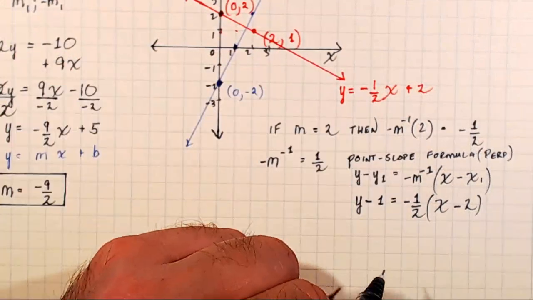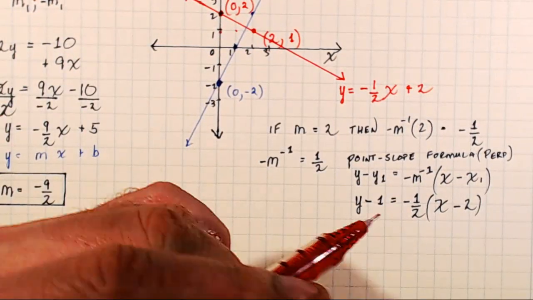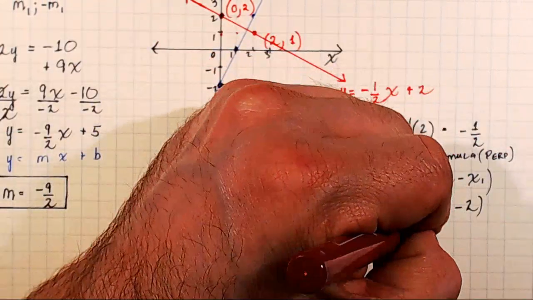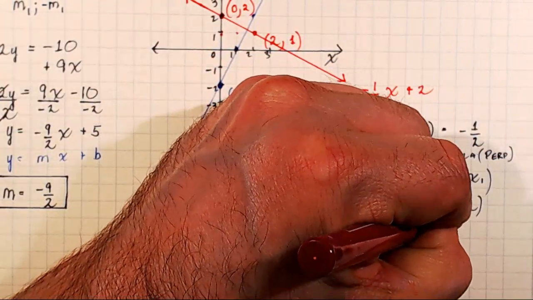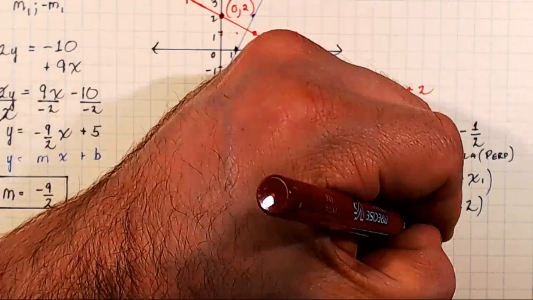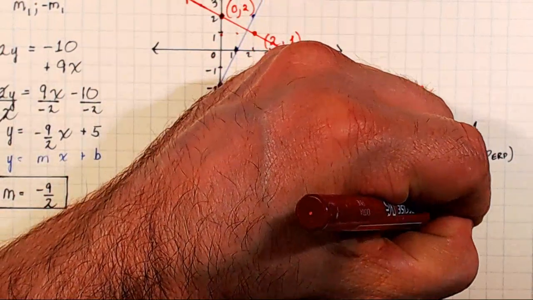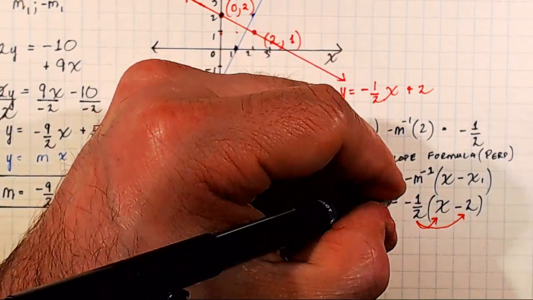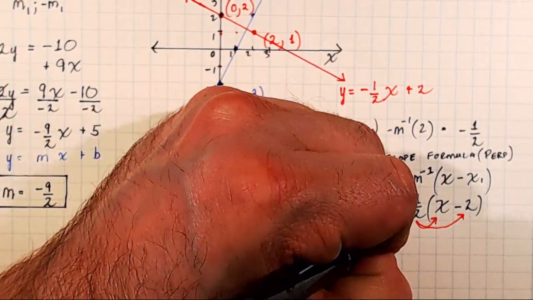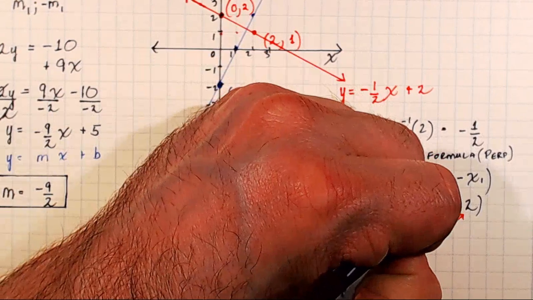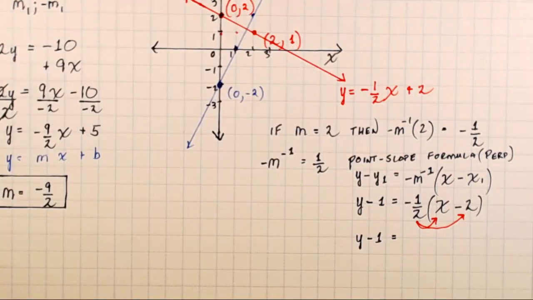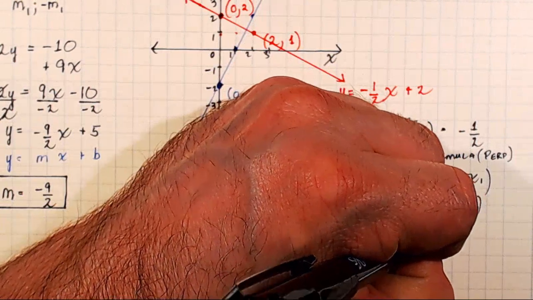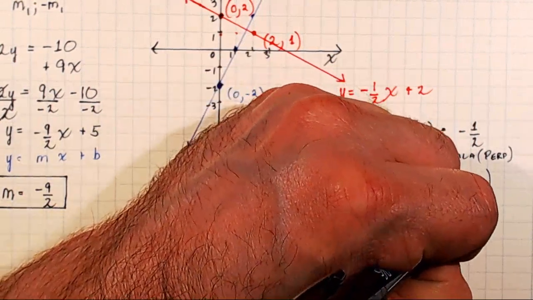All right, so now we have to solve this out and get it into slope-intercept form. So we're going to distribute through the parentheses negative 1/2 times x and negative 1/2 times negative 2. So I have y minus 1 equals negative 1/2 times x, which just means negative 1/2 x.